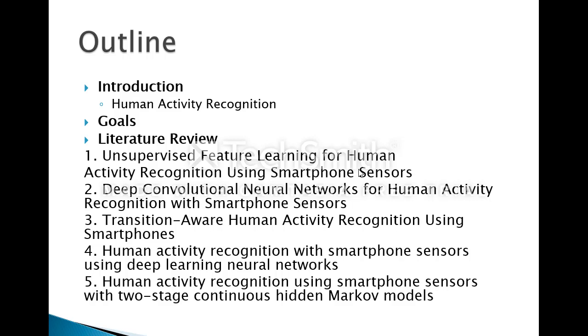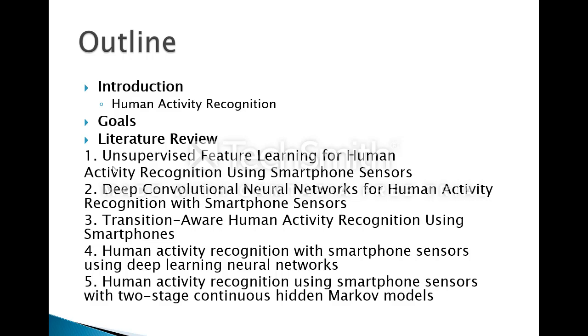So here's the outline of my presentation. First, I will introduce what is HAR, or human activity recognition. Then we will discuss the goals of this whole data set and what research has been done using this data set. So here's the literature review.